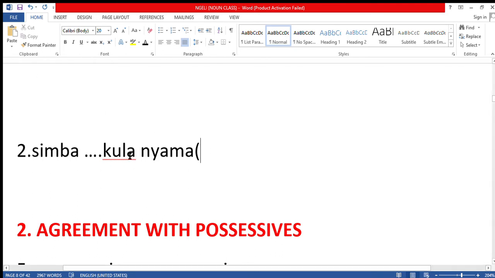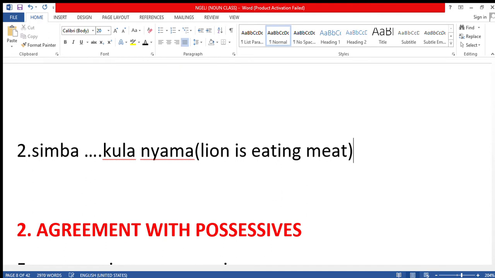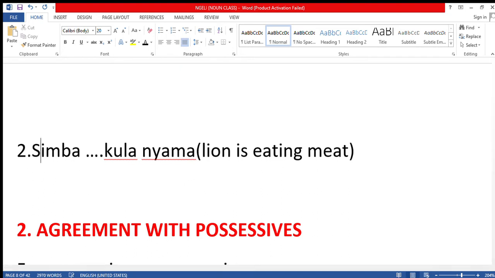The verb here kula, it means to eat. Nyama is meat. So the sentence translates as lion is eating meat. Sawa. Lion is eating meat. Simba dash kula nyama.